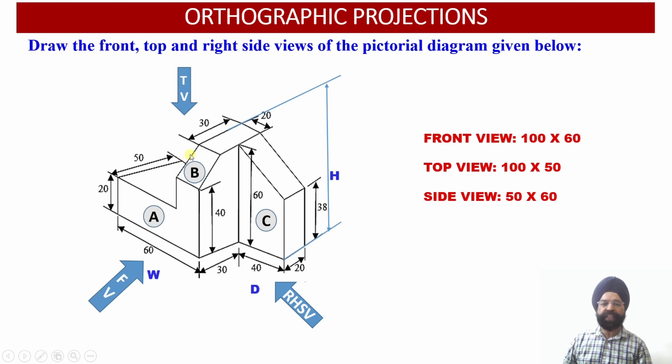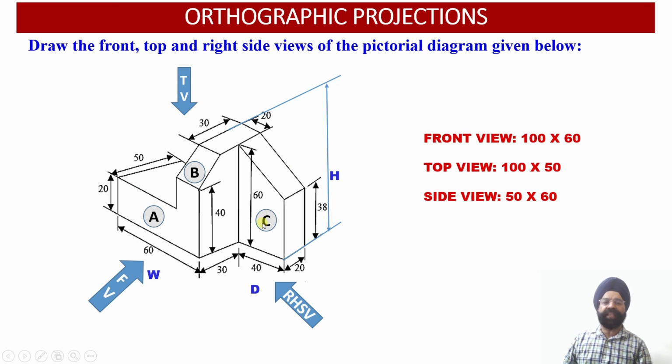Whereas this face B happens to be inclined to VP, so its projection on the vertical plane will appear as an apparent shape, a foreshortened or reduced shape. Then there is a third face, face C, and this face is again parallel to VP, so the projection of face C onto VP will be a true shape.